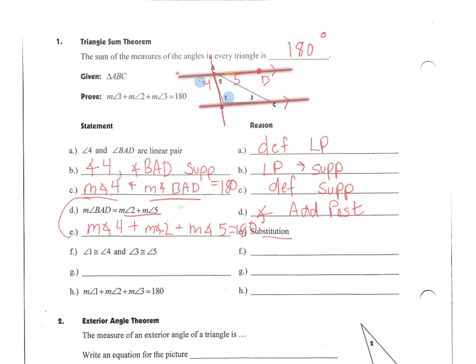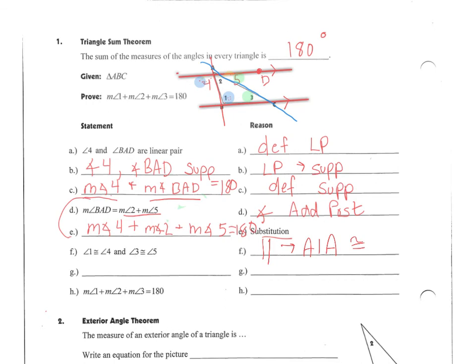If you do something very similar and extend this line here, we have two parallel lines cut by a transversal, and once again these two angles, angle 5 and angle 3, are alternate interior angles. And so what we know is that if we have parallel lines, that implies that our alternate interior angles are congruent.